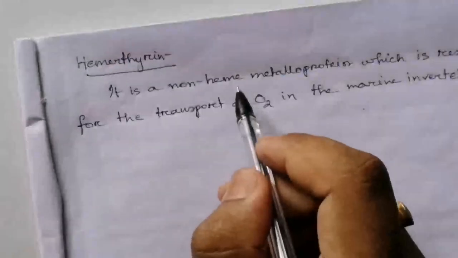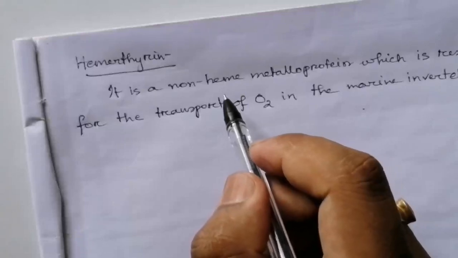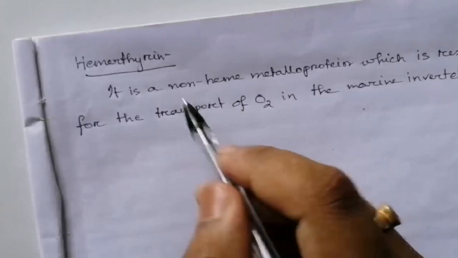So it is a non-heme protein. So that means there is no heme group in hemerythrin.